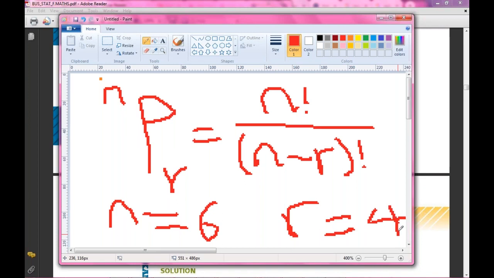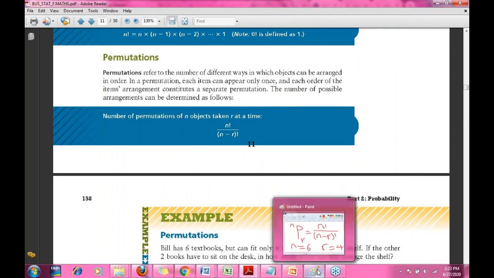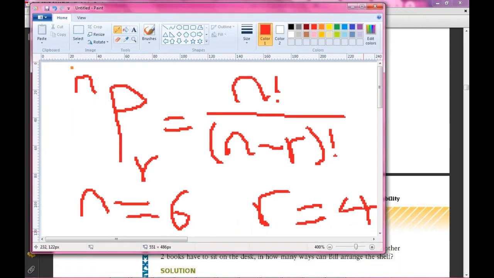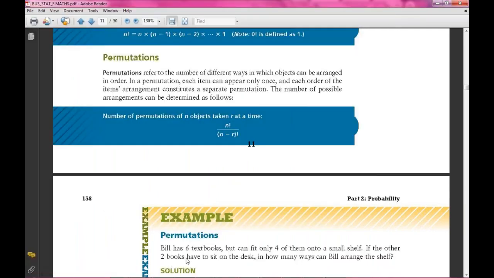So don't get confused and choose the 2 books, because these 2 books are not being arranged on the shelf. What we are asked is in how many ways can Bill arrange the shelf. So our focus is arranging the shelf, not arranging the books on the desk.